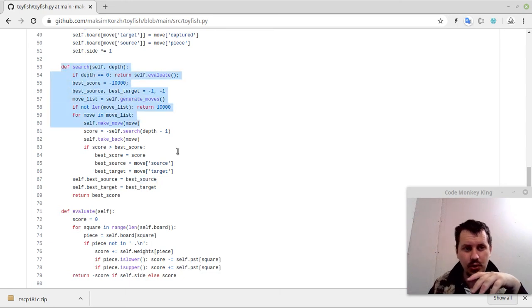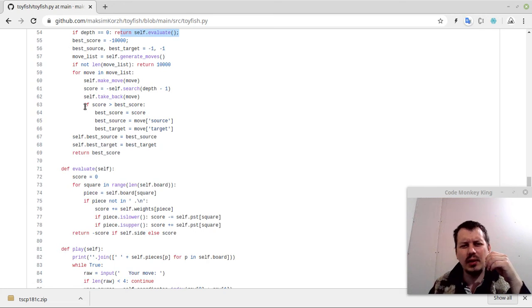So what this search does is incrementally update the board, so it makes a move, takes back, and recursively calls itself until reaching the search depth, and when it reaches the search depth, it then calls evaluate position, right? And then the alpha, and it's not even the alpha-beta algorithm, just the brute force search.